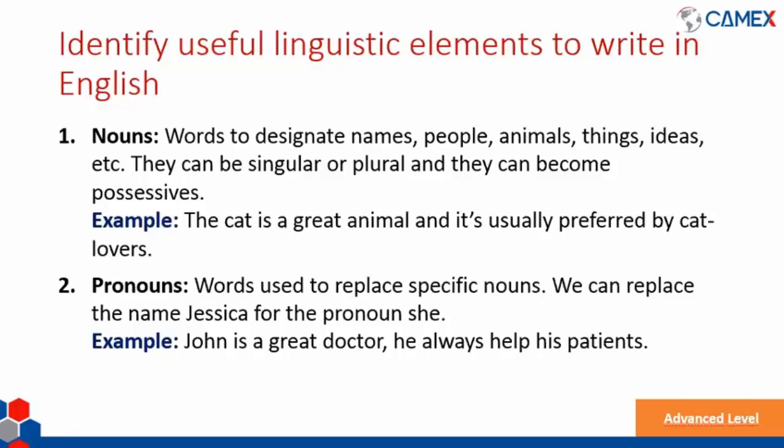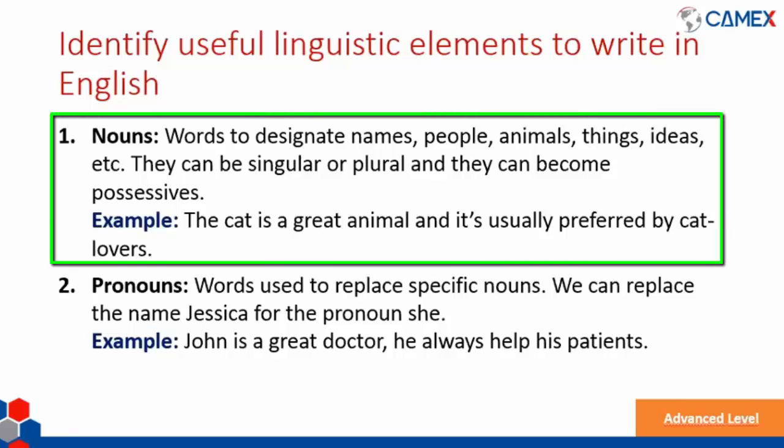Okay, so here we have the first 2 elements. These ones are easy. The first one is the nouns. The nouns are the words to designate names, people, animals, things, ideas, etc. And they can be singular or plural, and they can become possessives.